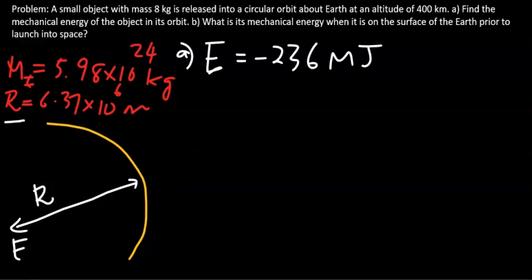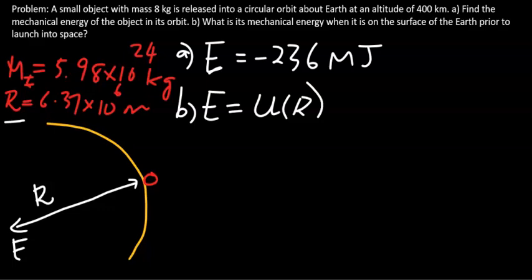Part B. What is its mechanical energy when it is on the surface of the Earth prior to launch into space? That means when the object is right there on the surface. So of course, when the object is on the surface, the total mechanical energy is given by, again, the gravitational potential energy at that distance, which is the radius of the Earth distance, plus kinetic energy, which we can calculate as well.